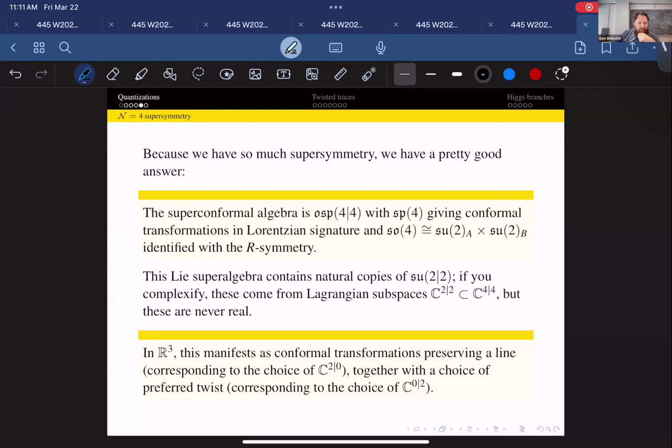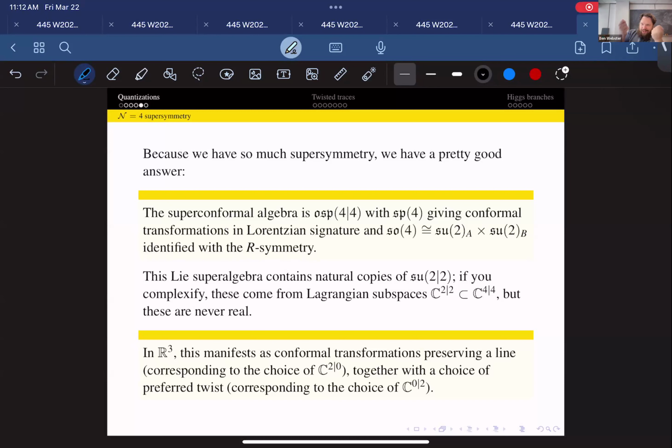And so in the background, there's not just the usual Euclidean structure of having SO3 and then translations. There's actually superconformal symmetry, and the Lie algebra of this is OSP(4|4). So in OSP(4|4), there's the even part, which is Sp4, which is the conformal transformations of R3 in 2-1 signature.